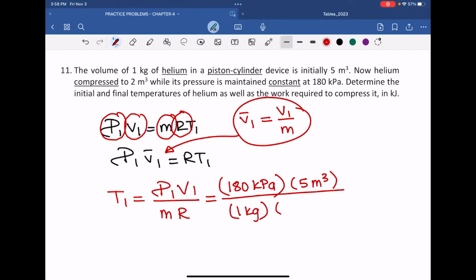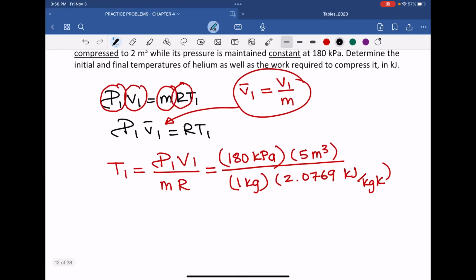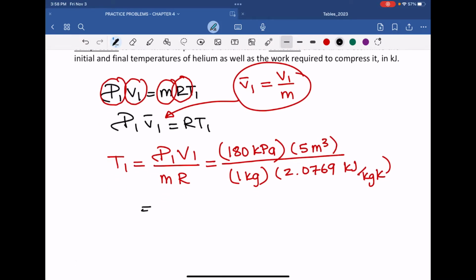And R you read from the table, please. You guys do it. And from here, this is the first temperature.